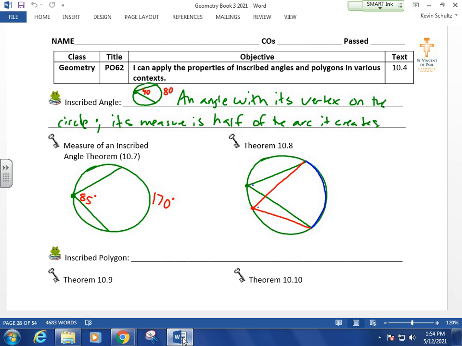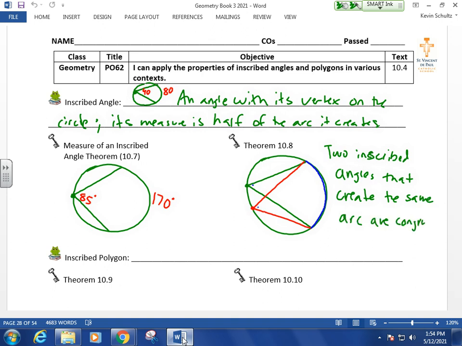So two inscribed angles that create the same arc are congruent.